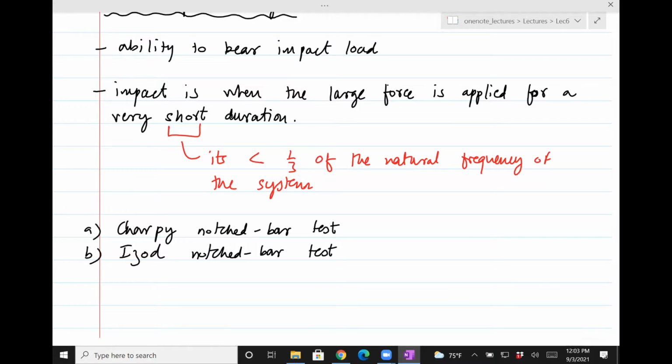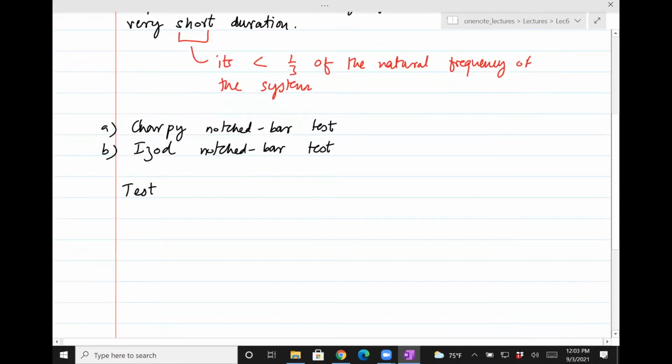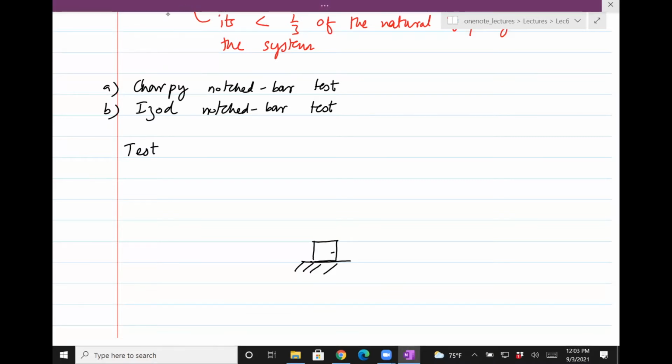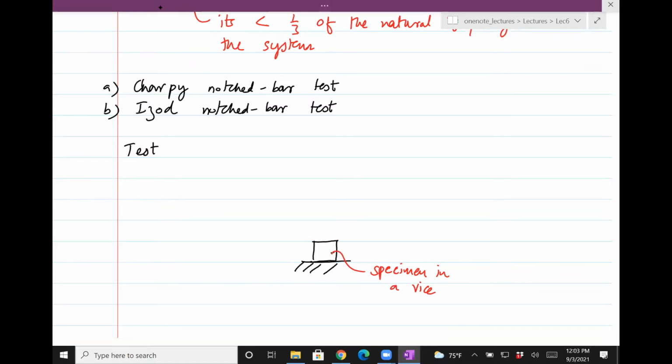So what exactly is the test? It's the same for both of them. It's a pendulum test. What you do is you take your specimen, you put it in a vise so it doesn't move. The vise is actually in the plane of the paper, so I can't really draw it in a two-dimensional image.